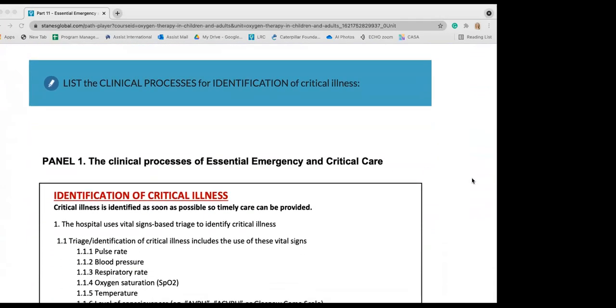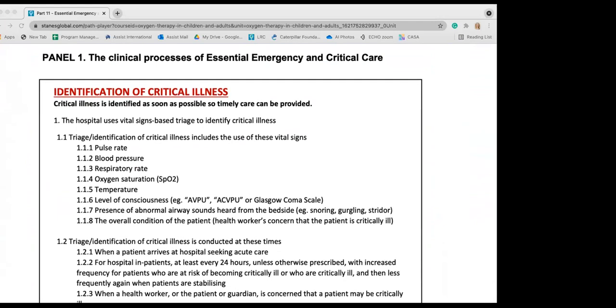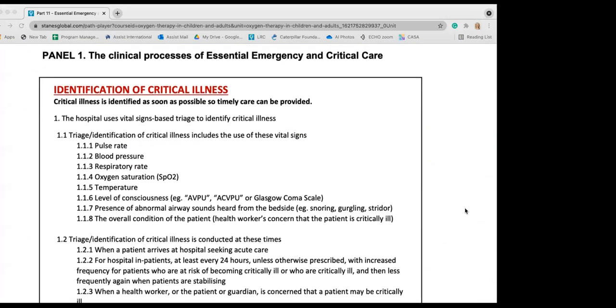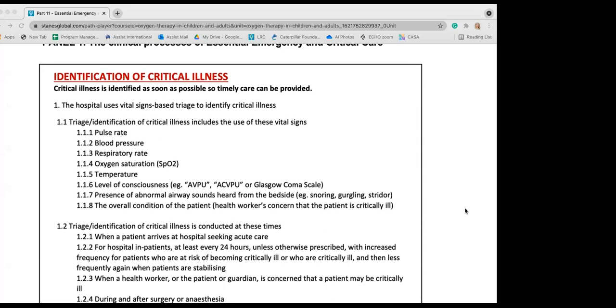We don't need to answer that because we have already discussed this. So triage, I think that's a good summary. You need to be able to do the vital signs, for example, and level of consciousness. And this can be done easily with a good physical exam and essential vital signs.